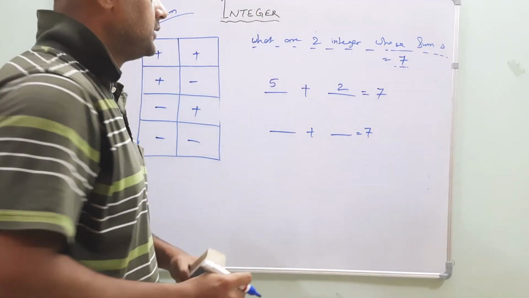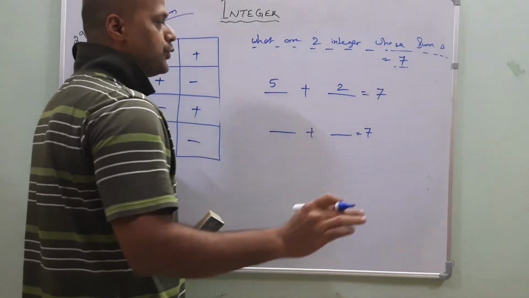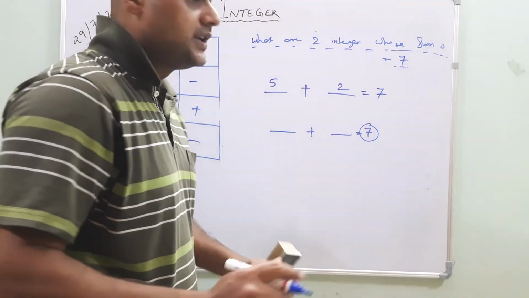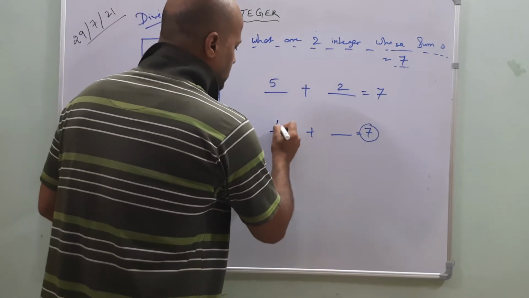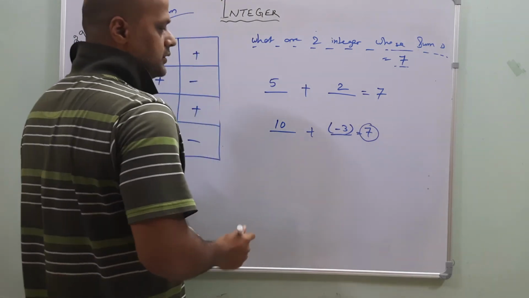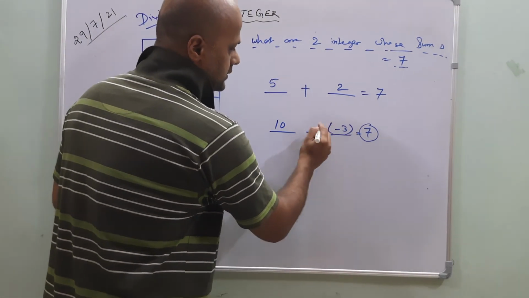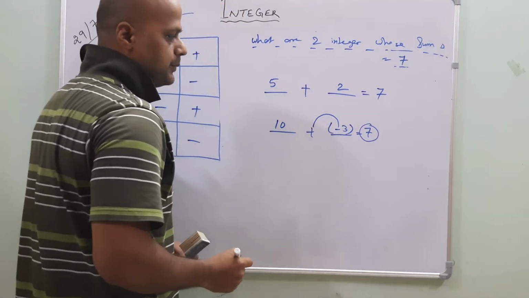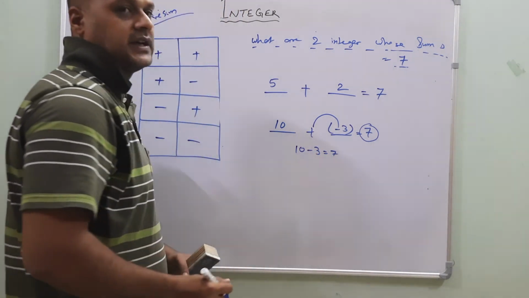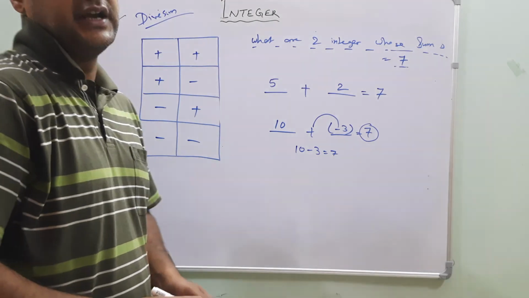Just tell me, friends. So you have to take one negative, one positive, and here the result is positive, so the positive one is greater. How much? Let's take 10. Here minus 3. Yes or no? 10 minus 3 will come. Answer is 7 or not? So this is the type of question that comes in your examinations.